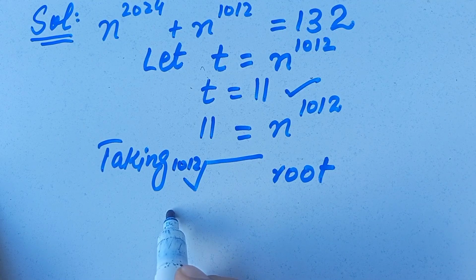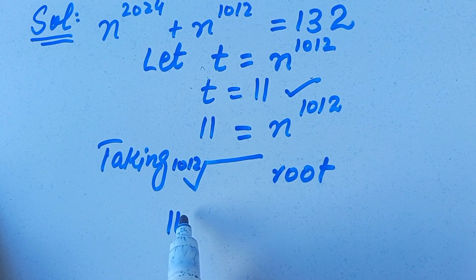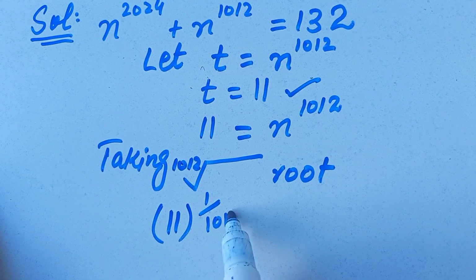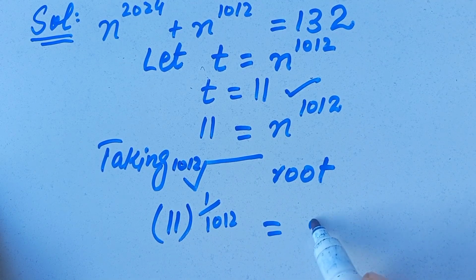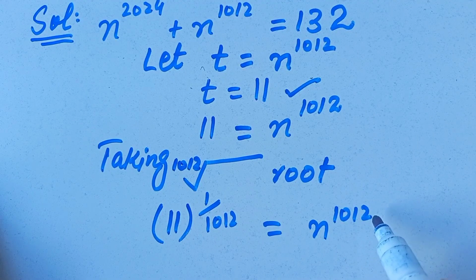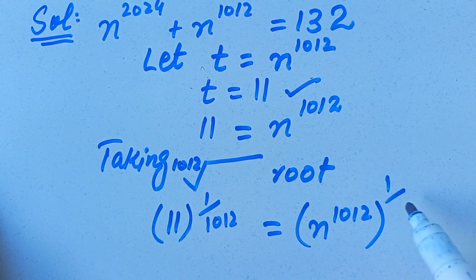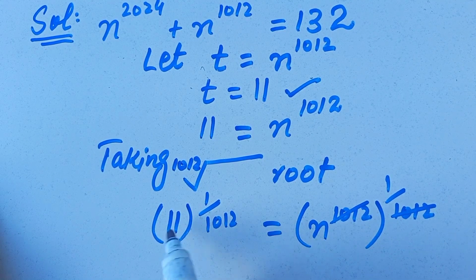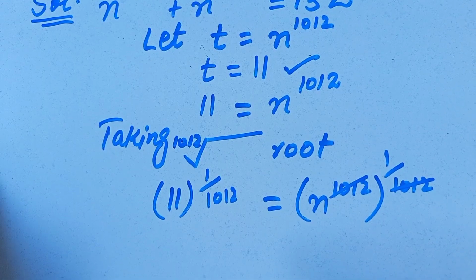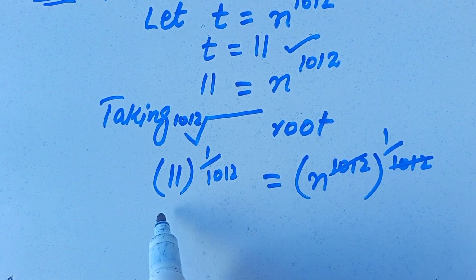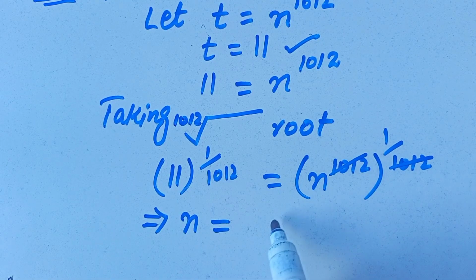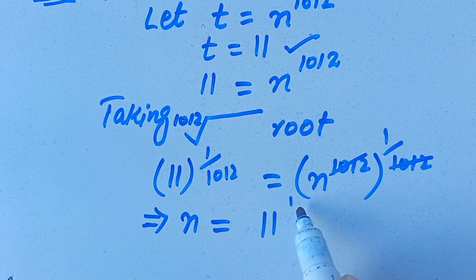Taking the 1012th root on the left hand side, we can write 11 to the power 1 upon 1012, and on the right hand side we have (n^1012) to the power 1 upon 1012. This cancels out on the right hand side and we are left with the value of n, that is n equals 11 to the power 1 upon 1012.